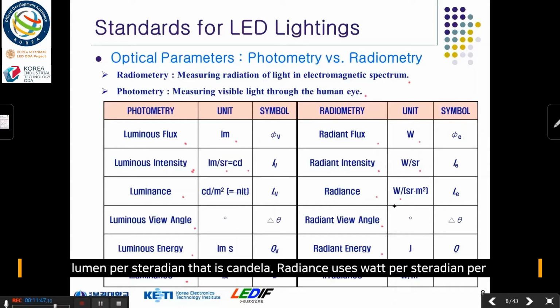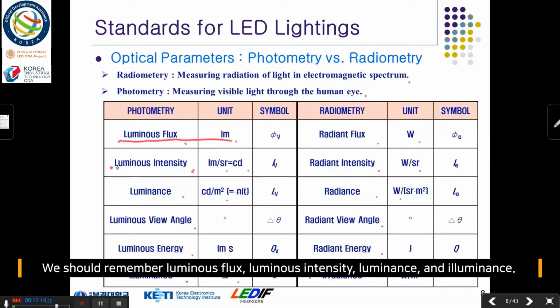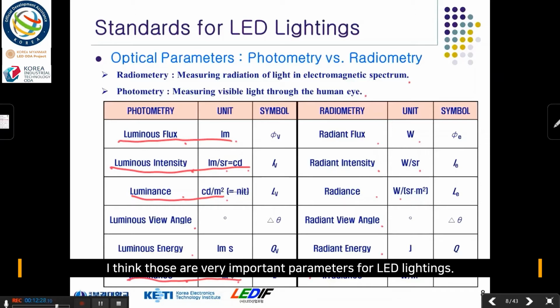Radiance uses watt per steradian per meter square, but luminance uses candela per meter square. Irradiance uses watt per meter square, illuminance uses lux, that is lumen per meter square. So we should remember luminous flux, luminous intensity, luminance, and illuminance. I think those are very important parameters for LED lightings.